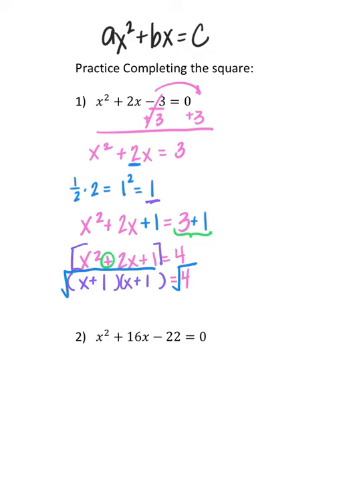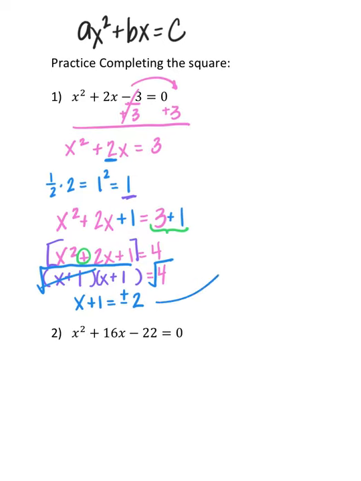And when I take the square root of the factored side, it eliminates the square. I get x plus 1 equals, the square root of 4 is 2, so plus or minus 2. Now I like to rewrite that to say x plus 1 equals positive 2, and x plus 1 equals negative 2.